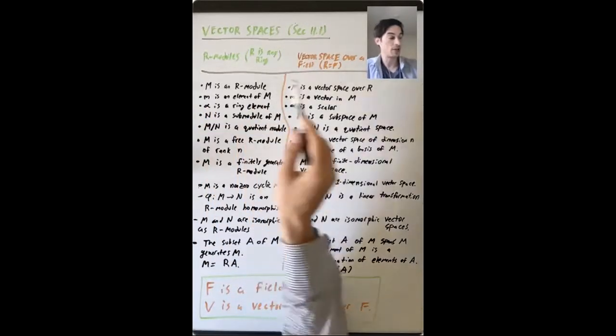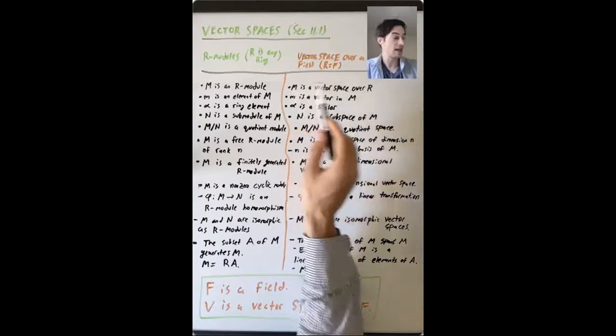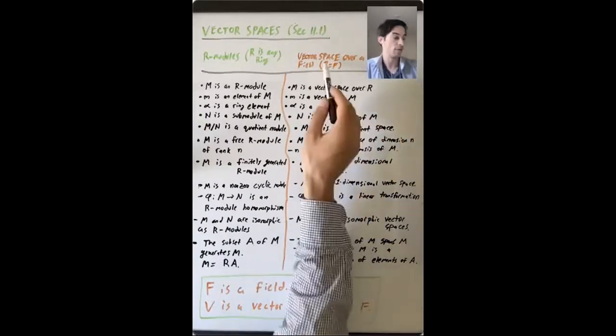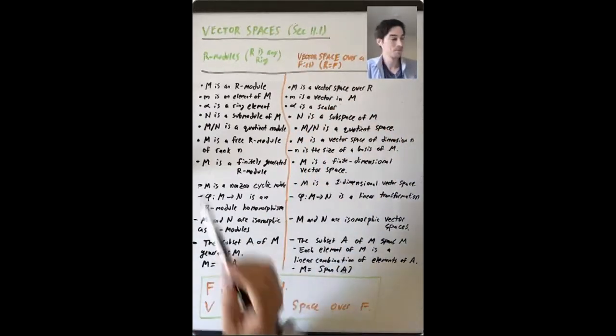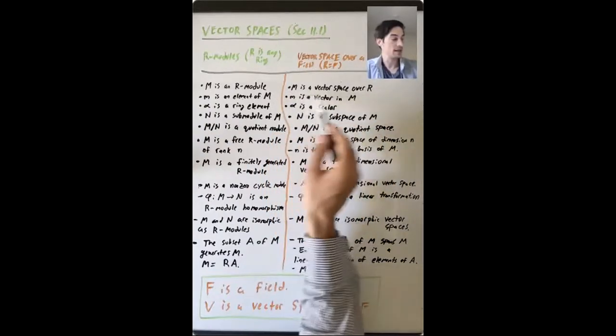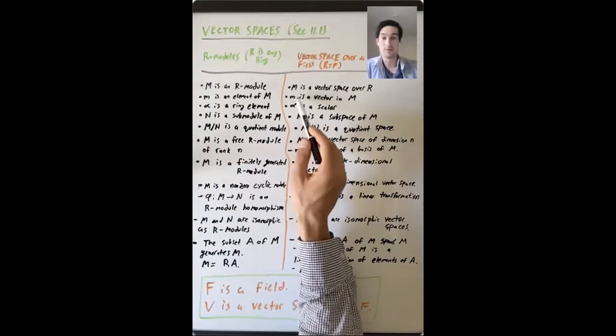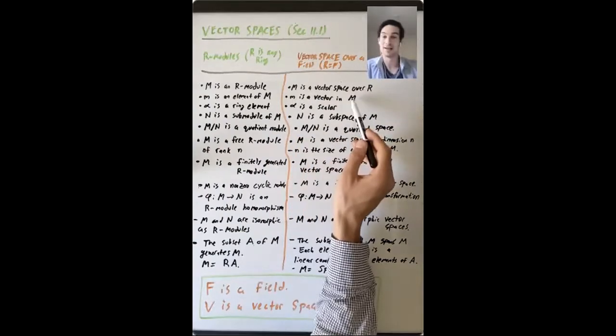M being an R module in the special case where R is a field F is the same thing as saying M is a vector space over R, where remember, R is now a field. We'll say little m is an element of our R module M. In the case where your R module is a vector space, we'll usually say that m is a vector in your vector space.